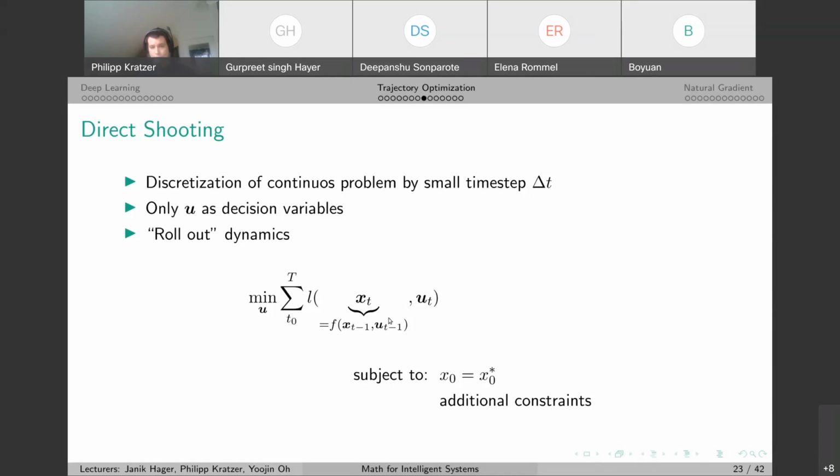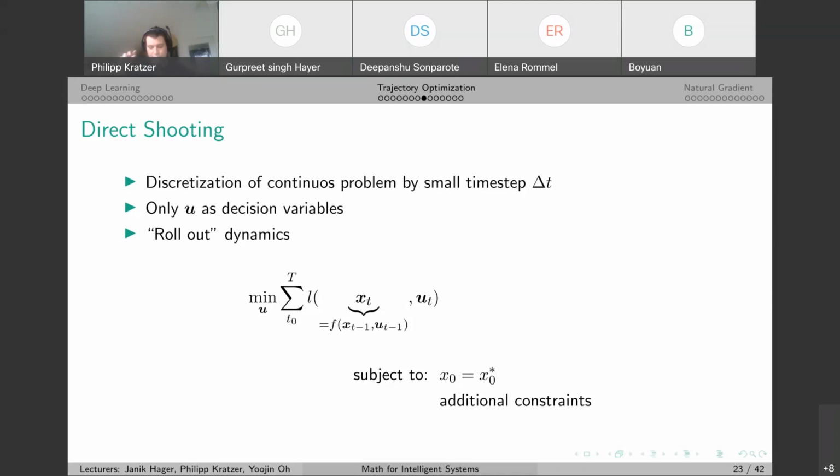When you start at some initial x0, you have all your controls given because you optimize over them. But to compute the last state, the state at the end of the trajectory, you need to apply all the controls.